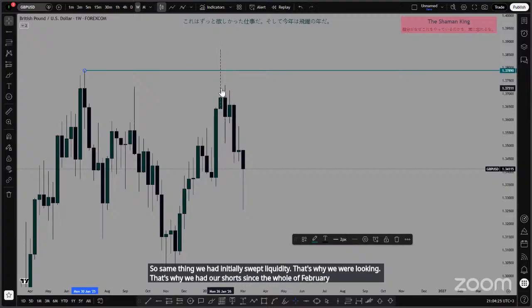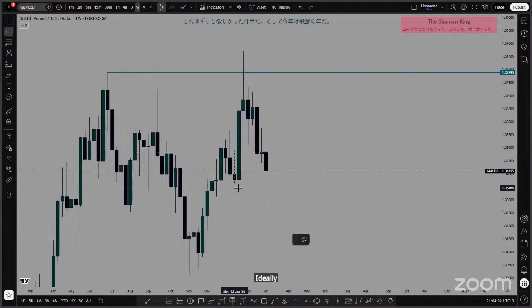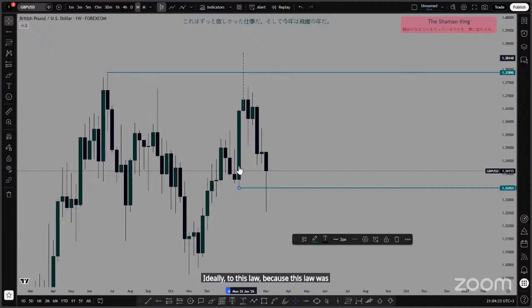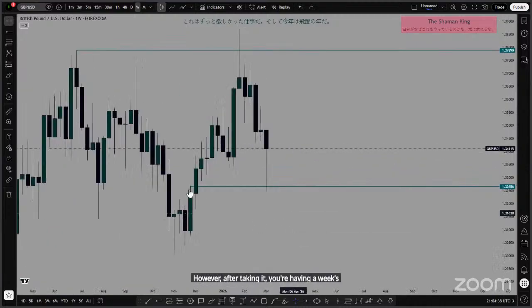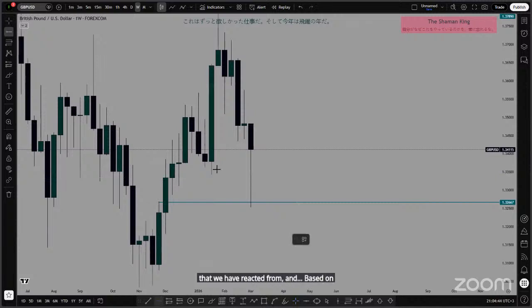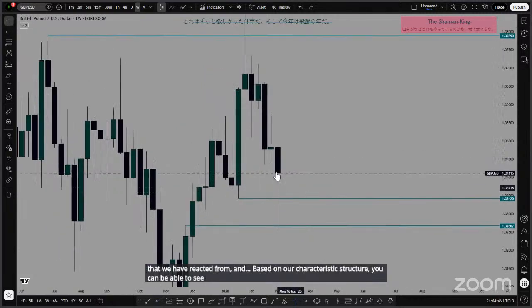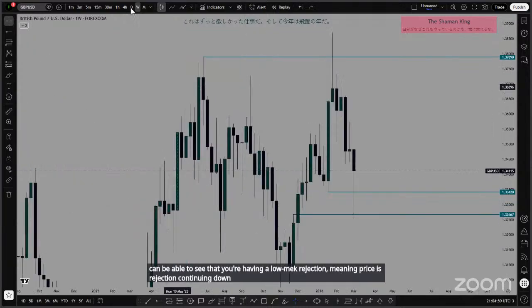From the last week of January, the whole of February, we were looking for shorts, ideally to this low, because this low was the one that engineered this week. However, after taking it, we're having a week's overlap over here that we have reacted from, and based on candlestick structure, you can be able to see that you're having a long wick rejection, meaning price is rejecting, continuing downwards.